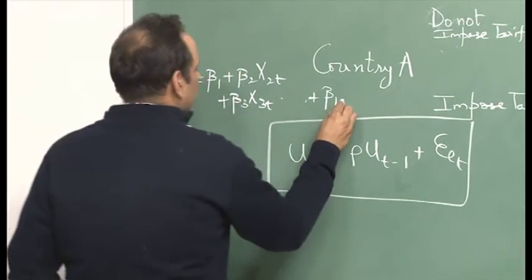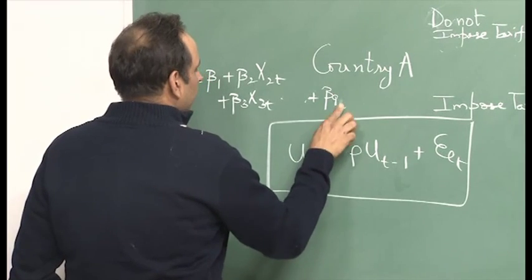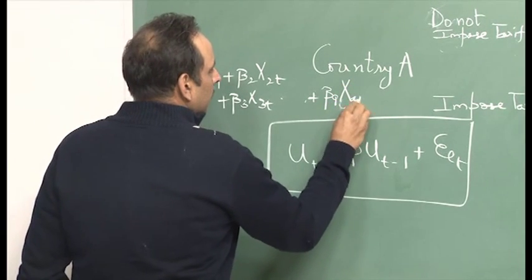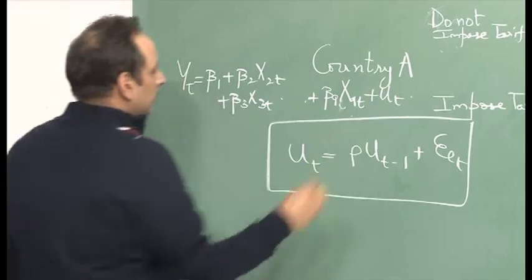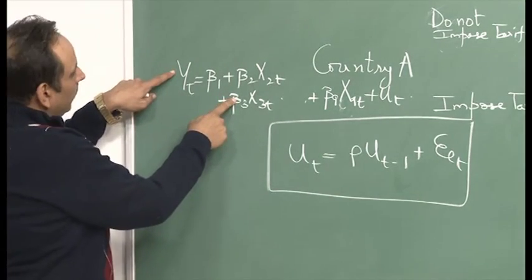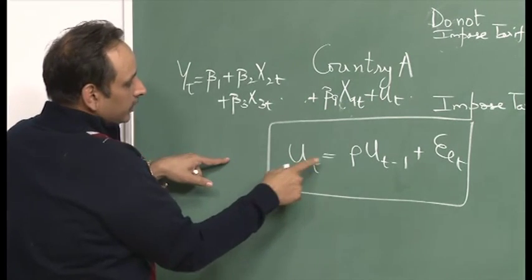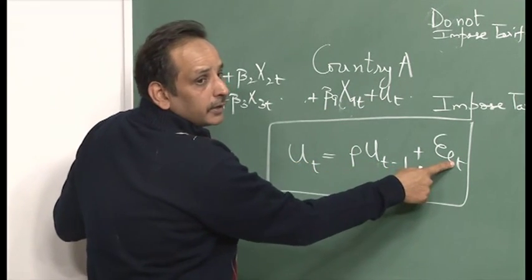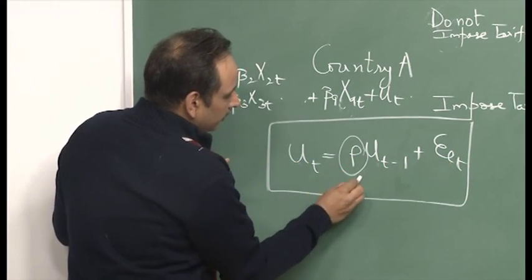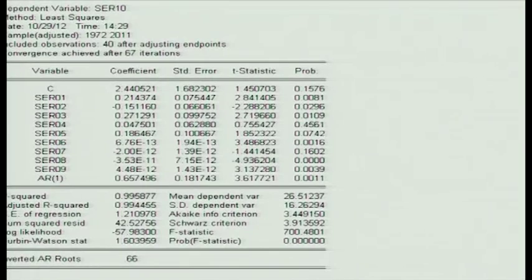This is our model. This is the classical linear regression model, and this ut is rho ut minus 1 plus it, and this is working out to be 0.657. So, it is on the higher side.